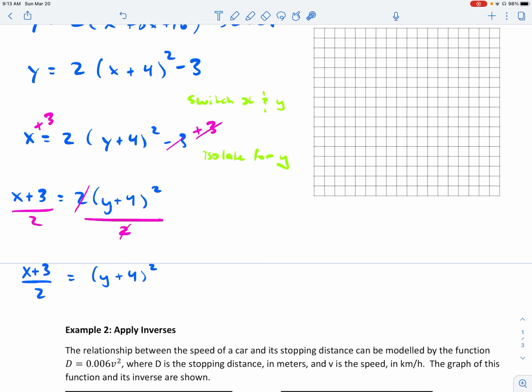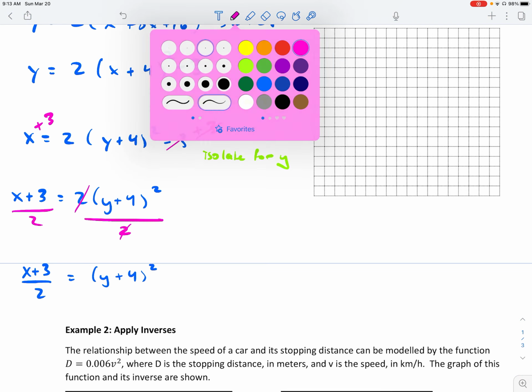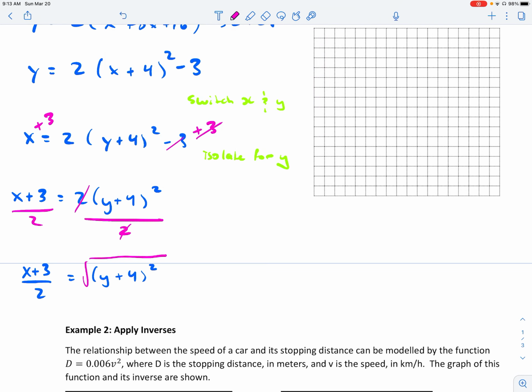Okay, now y is almost by itself. I would just like to get rid of the squared part now. Notice I can easily square root both sides. That gets rid of this. Square rooting a square reverses that. And that means I have to square root the whole left side. Make sure your root comes down nice and low, and that way you get the denominator in it as well.